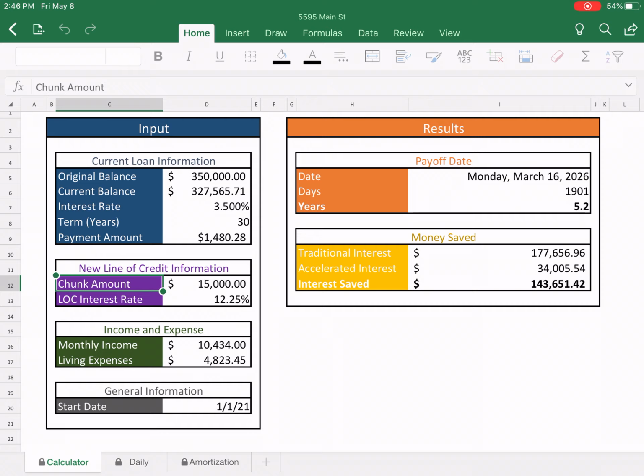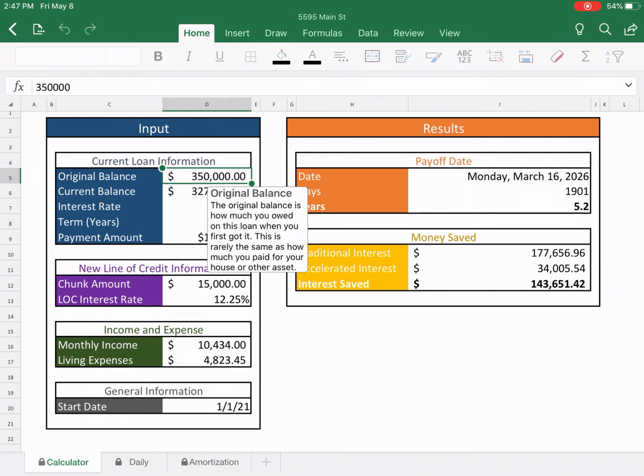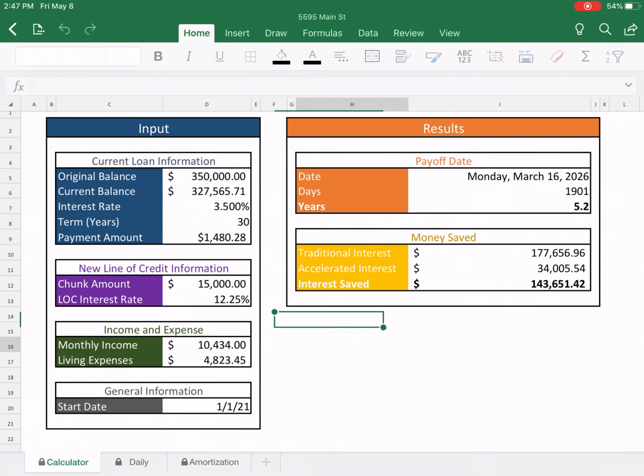So basically, on this page you do the input: the original balance, the current balance, interest, term, and payment. Right? You use whatever your debt weapon is, which mine is 15,000. Interest rate. Use your income and expenses. So that's the income.